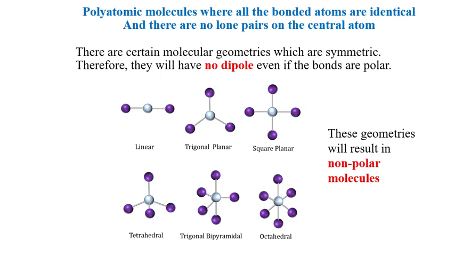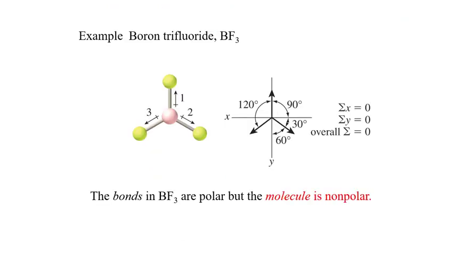You can just look at the geometry and determine whether the molecule is nonpolar. So say, for example, boron trifluoride, BF3. B-F is a polar bond, but we have a trigonal planar geometry. All the atoms bonded to the boron are fluorines, so they're all the same. There is no lone pair there, so the molecule is non-polar.